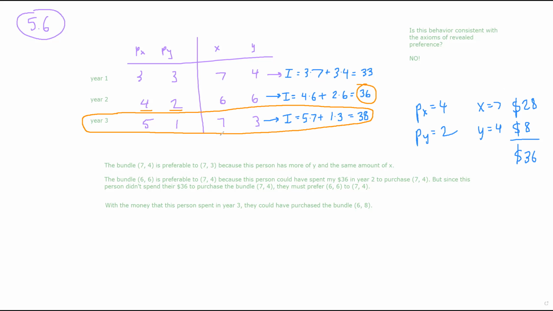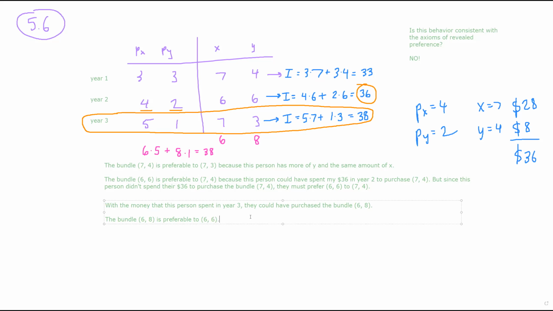Is it possible for them to have purchased 6 units of X and 8 units of Y? Let's find out. That would be 6 units of X at $5 each, plus 8 units of Y at $1 each. That would be $38. So they could have purchased 6.8, but they didn't. That's weird, because as you can probably guess, the bundle 6.8 is preferable to 6.6.